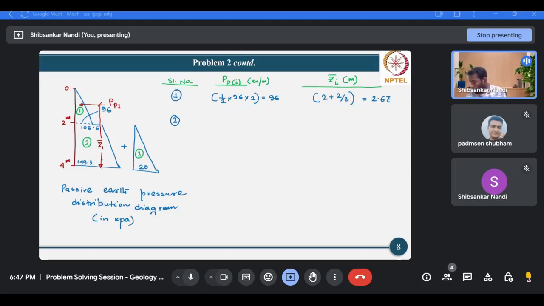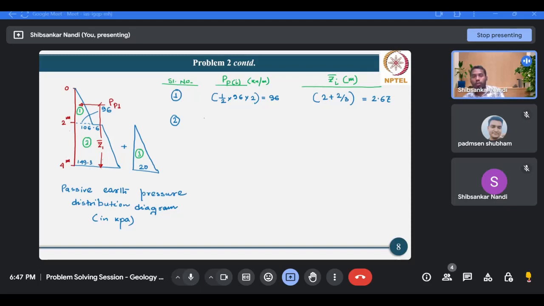Okay, now coming to the second component, which is basically 106, and this is the second component, and that is the trapezium. So its two sides are 106.6 and 149.3, and the height is 4 minus 2, that is 2.